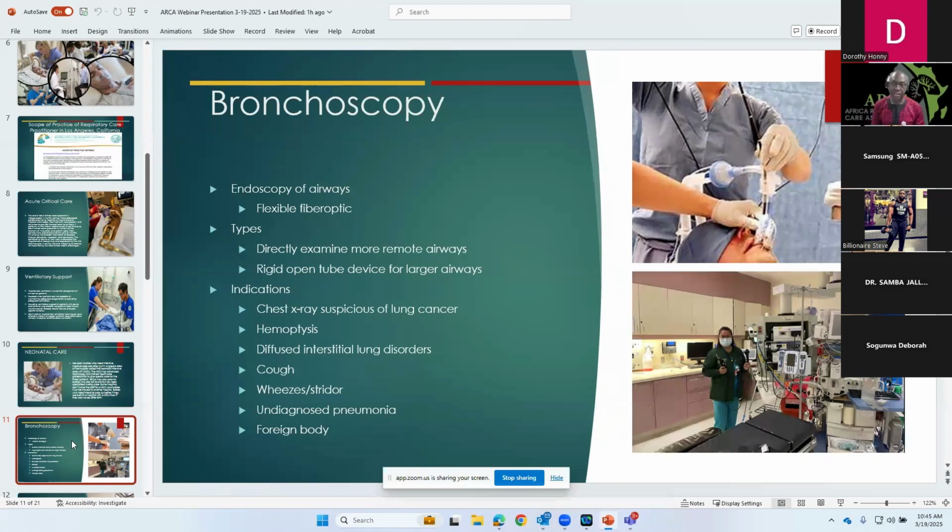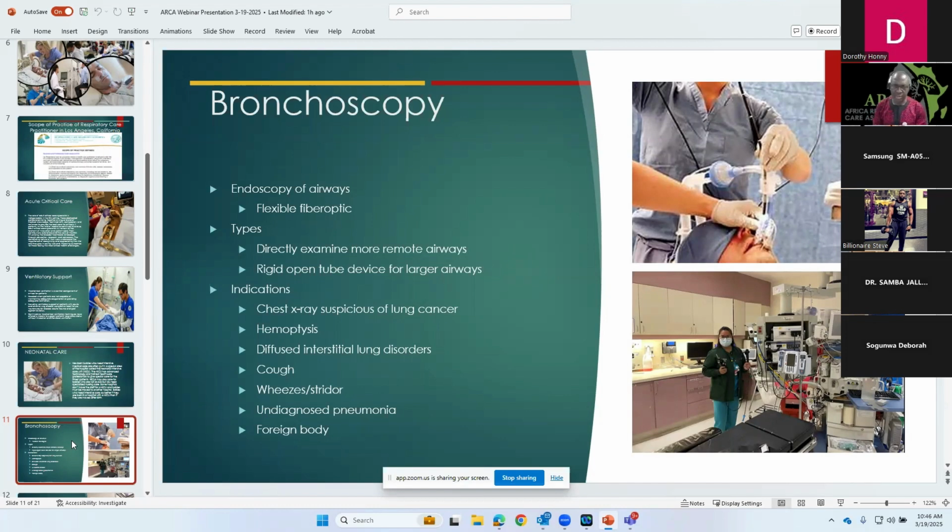The patient may be coughing. They may take the patient's X-ray, and after they take the X-ray, they see some things that don't look like they should be there. They will use a scope, which is a long tube that could go into either the nose or the mouth. They'll go into the lungs and see what's going on.